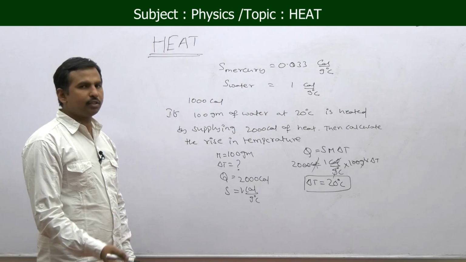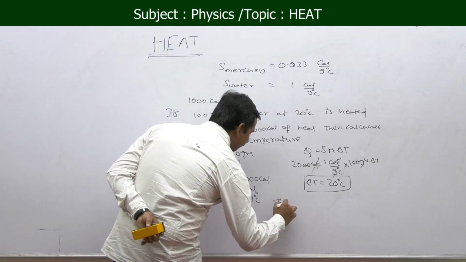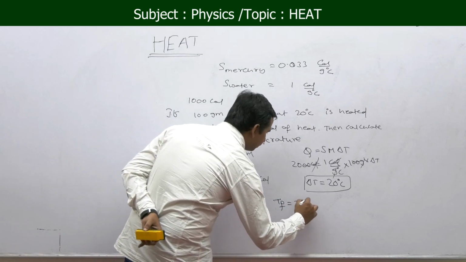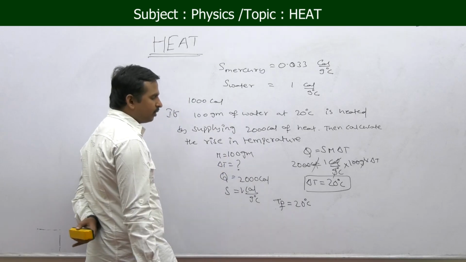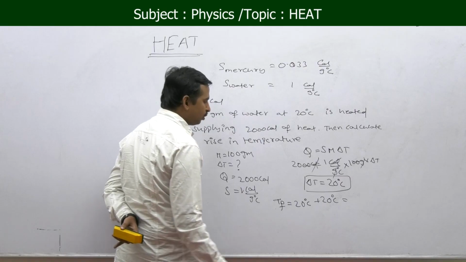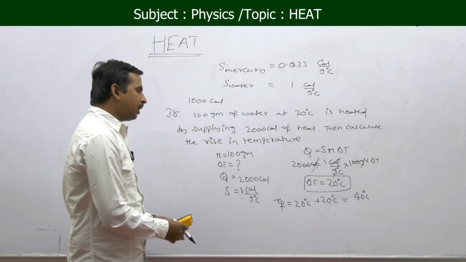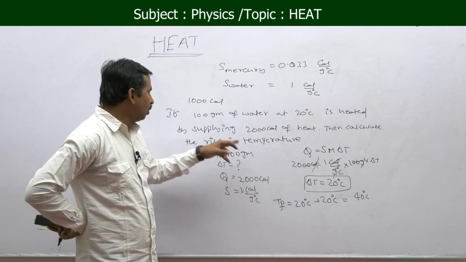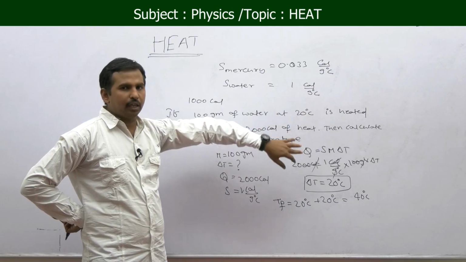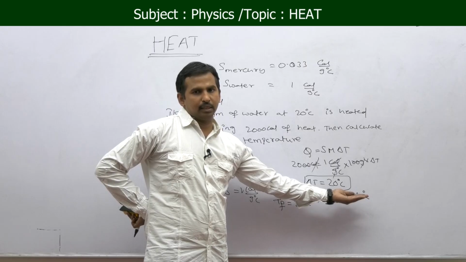As there is a rise in temperature, the final temperature becomes initially 20 degrees Celsius, now raised by plus 20 degrees Celsius. Then in total it becomes 40 degrees Celsius. So if you supply a heat of 2000 calories to 100 grams of water at 20 degrees Celsius, finally we get a temperature of 40 degrees Celsius.